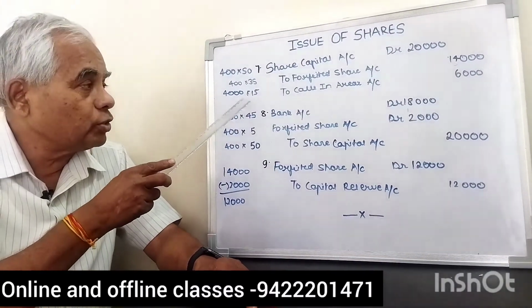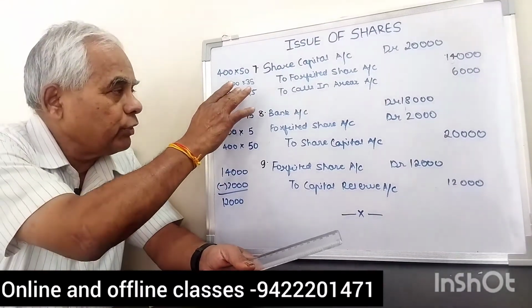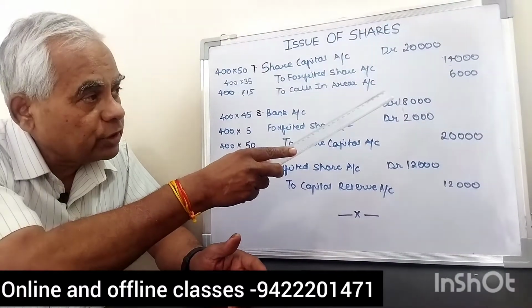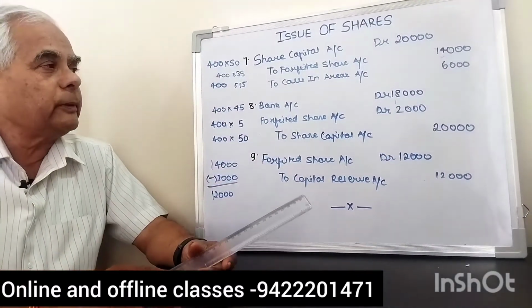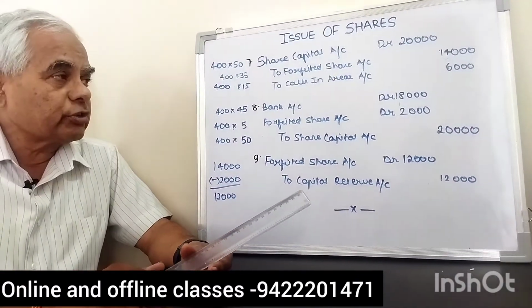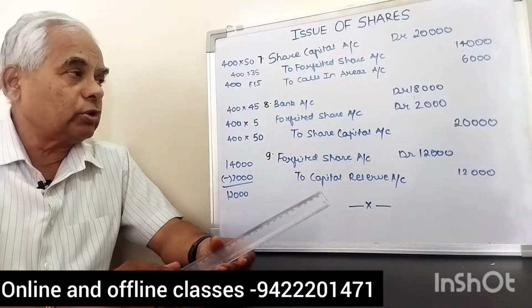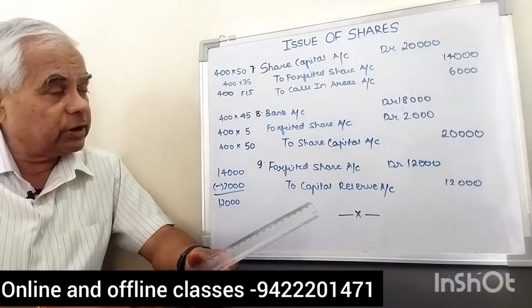Calls in arrear, he could not pay 400 into 15, 6,000. Narration being 400 shares were forfeited on which first and final call could not be recovered.